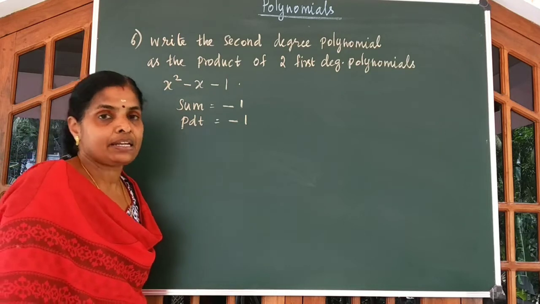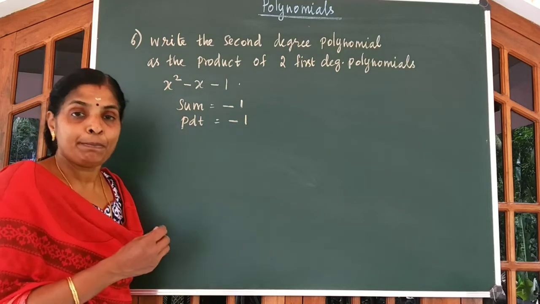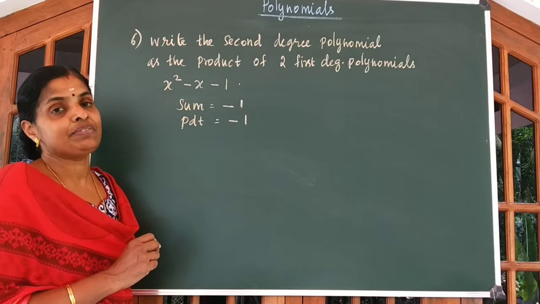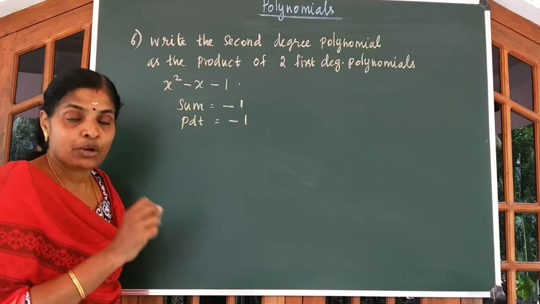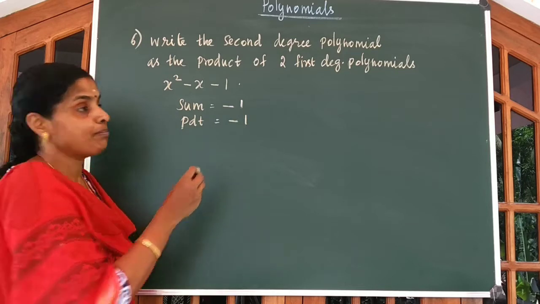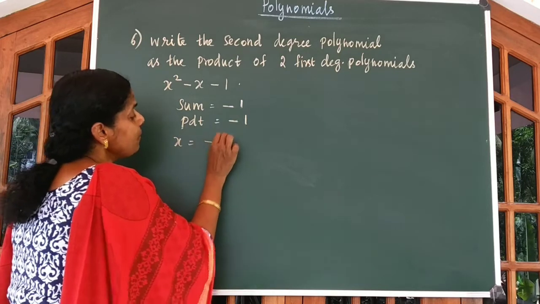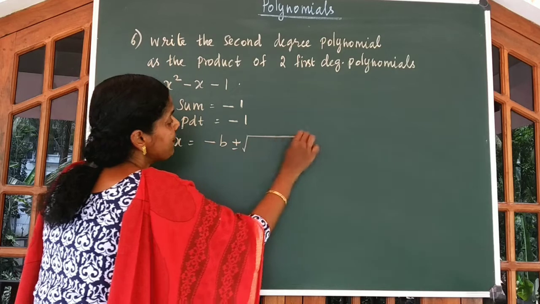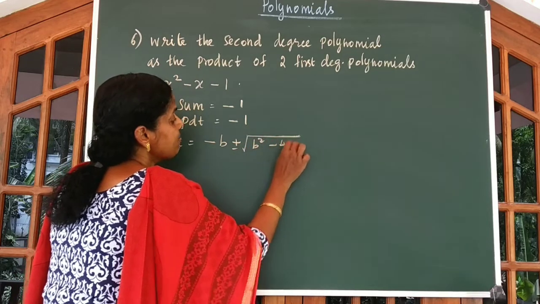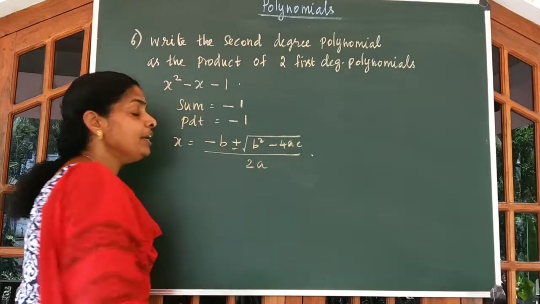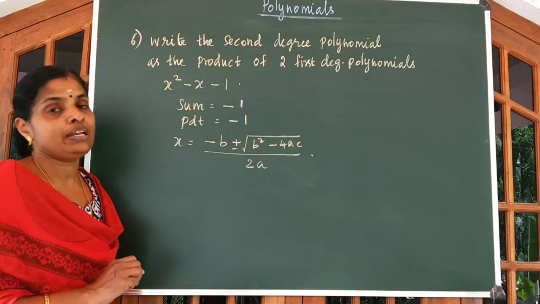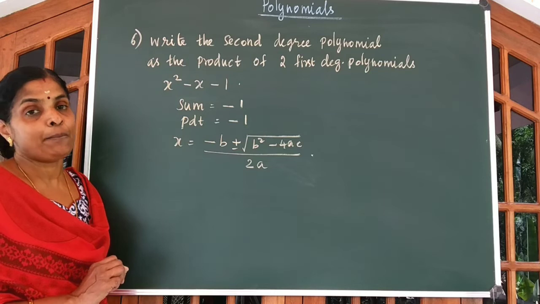So it is clear we cannot use our previous method. So to solve this, we consider this as a second degree equation and use our formula x is equal to minus b plus or minus root of b square minus 4ac whole thing divided by 2a to get the solution of this second degree polynomial.